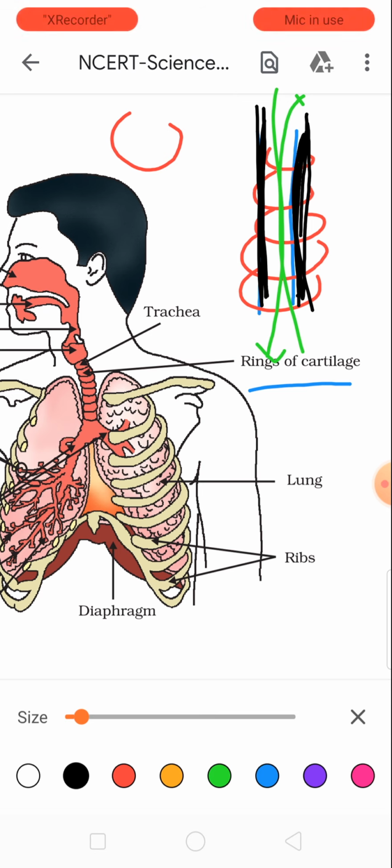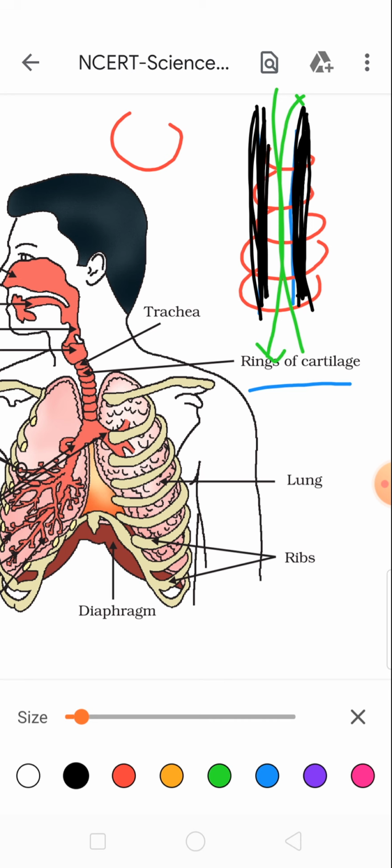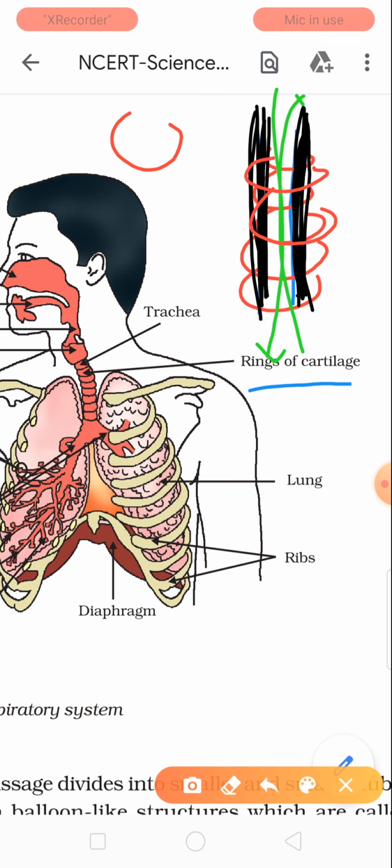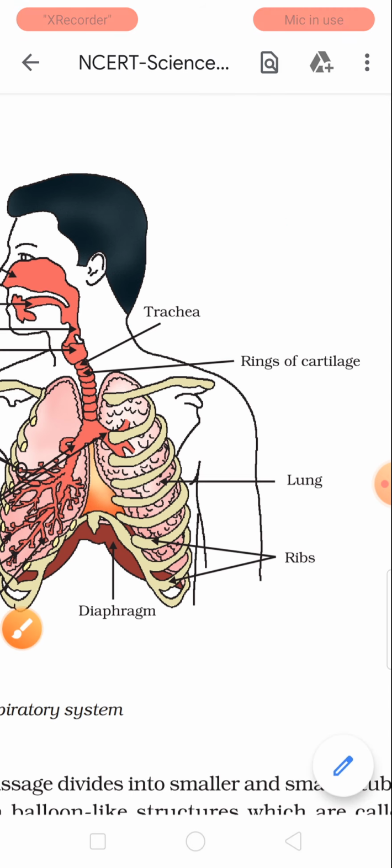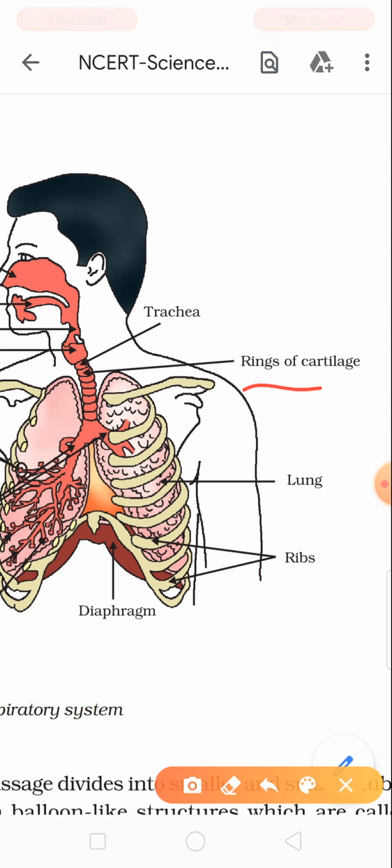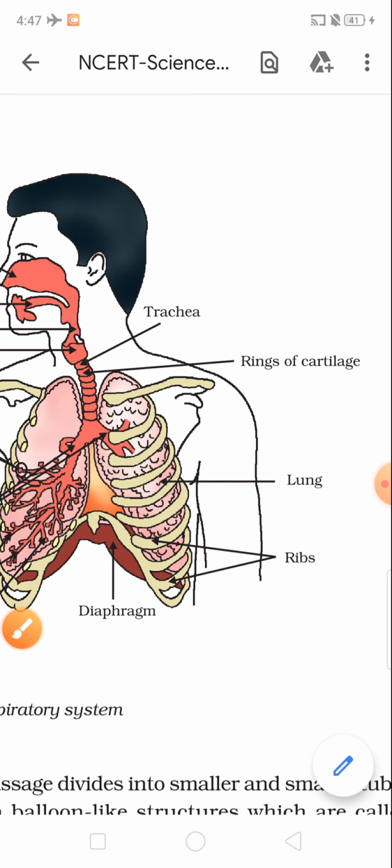So it gets attached and these rings will hold it properly. So this is the reason why we have this ring of cartilage present in the trachea. This will prevent collapsing, or we can say this helps in easy exchange of gases.